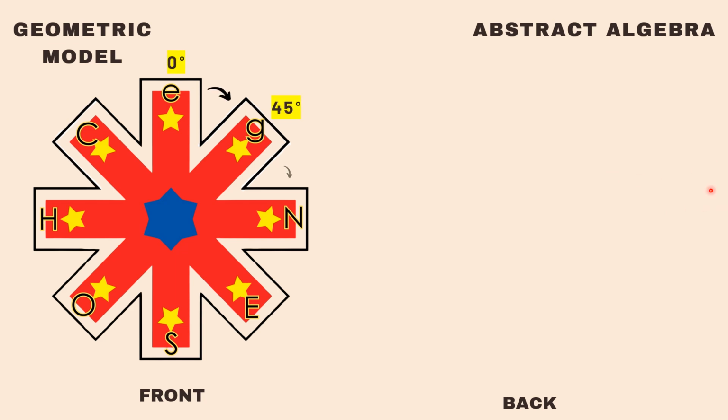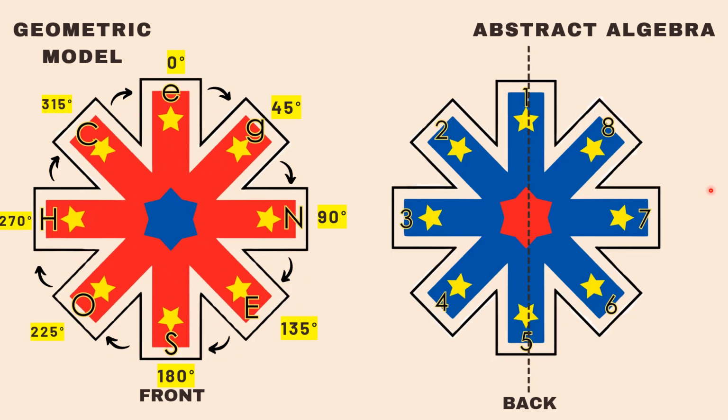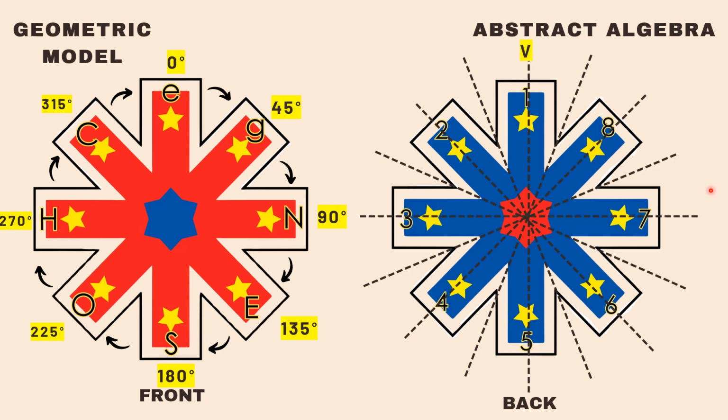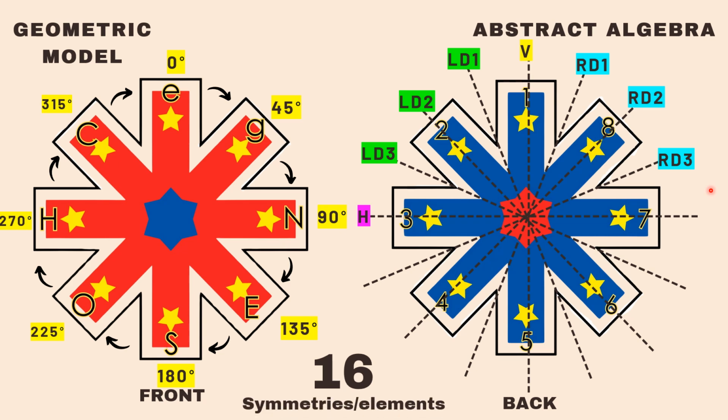For rotation: rotate 45 degrees clockwise, 90 degrees clockwise, 135 degrees clockwise, 180 degrees clockwise or counterclockwise, 225 degrees clockwise, 270 degrees clockwise, 315 degrees clockwise, and for reflection we have reflection over vertical axis V, reflection over left diagonal 1, left diagonal 2, left diagonal 3, and horizontal axis, right diagonal 1, right diagonal 2, right diagonal 3, a total of 16 symmetries or 16 elements.